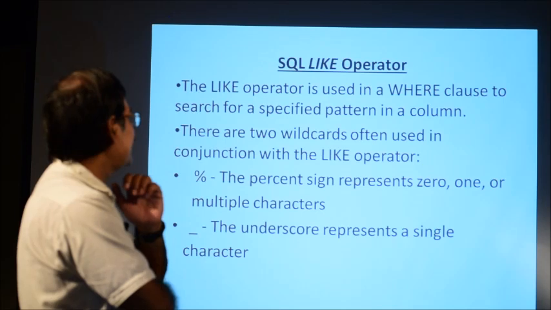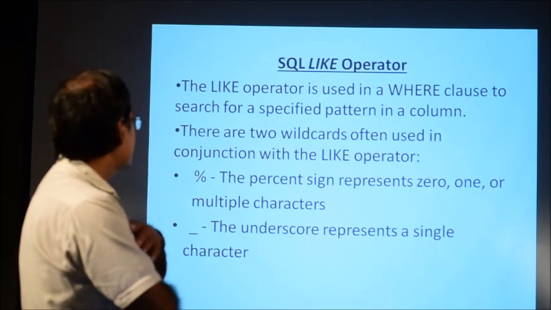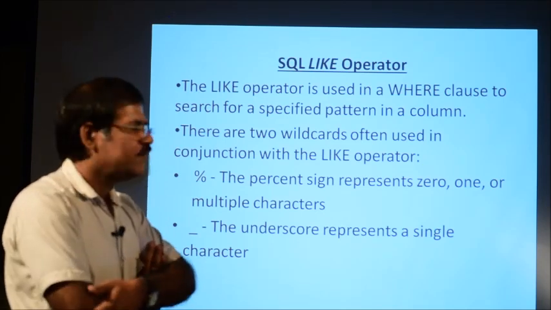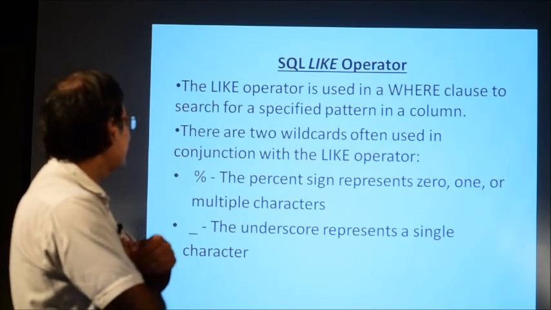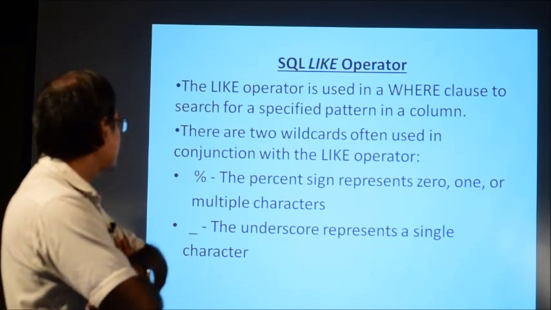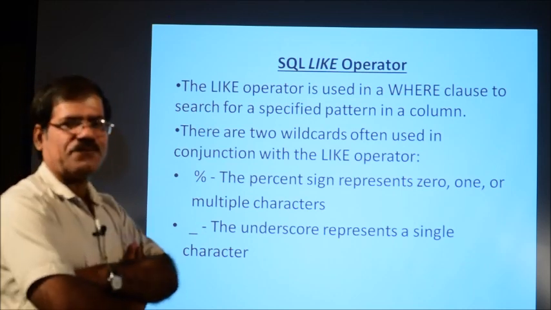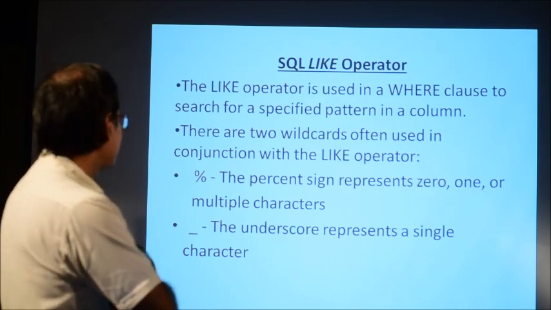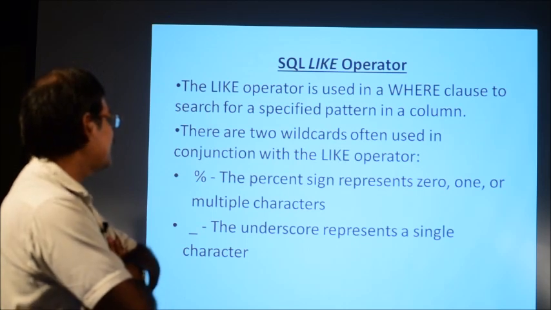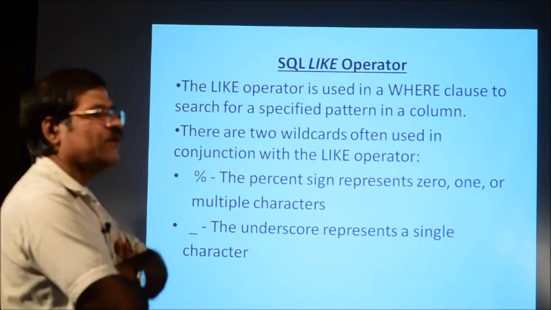There are two wildcards often used in conjunction with the LIKE operator. Two wildcards we can use: one is percentage, another is underscore. The percentage sign represents 0, 1 or multiple characters.